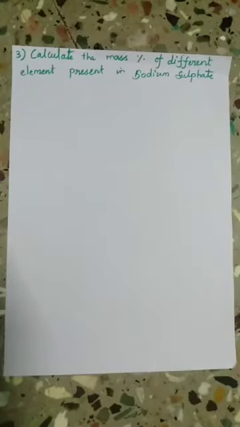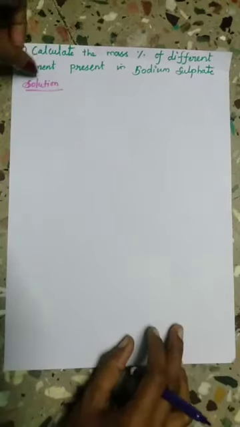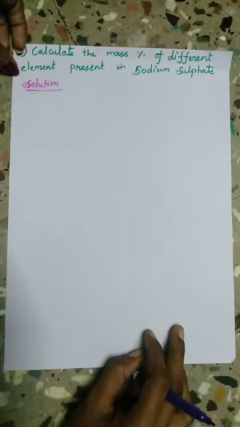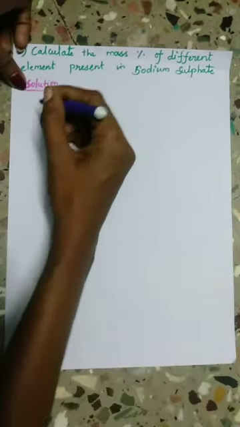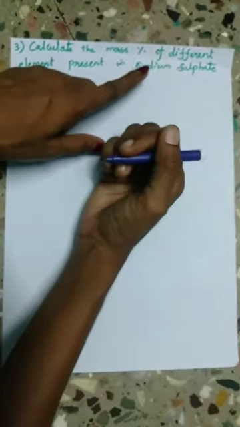So here is our third question: calculate the mass percent of the different elements present in sodium sulfate. So here they have asked us to find the mass percentage for each element. So let us see the solution. So the molar mass of sodium sulfate.